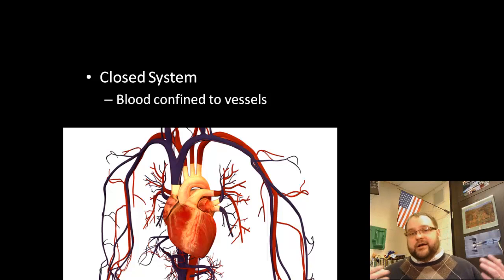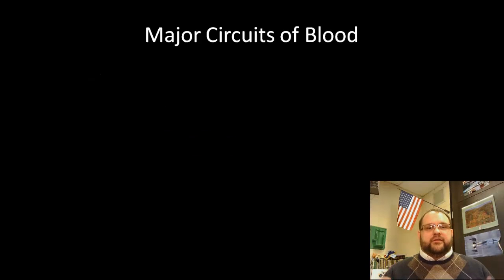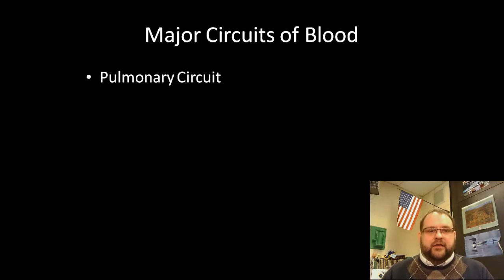Now our closed system has what we call circuits, or these paths that blood flows. We have two major circuits in our closed system, the major circuits of the blood. One of which is called the pulmonary circuit.